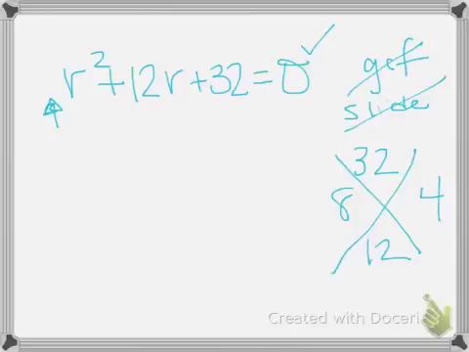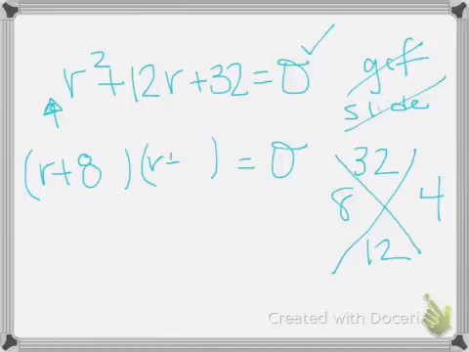Since positive 8 times positive 4 is 32, and 8 plus 4 is 12, we know those are factors. Simply do your two parentheses with an r in each, because r times r is r squared, and 8 and 4 in your parentheses as well. If you need further help with regular factoring before we proceed, feel free to visit my other videos about factoring.